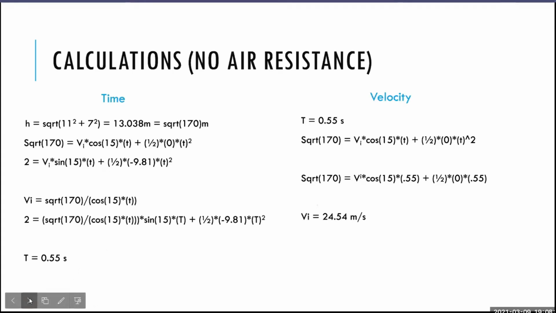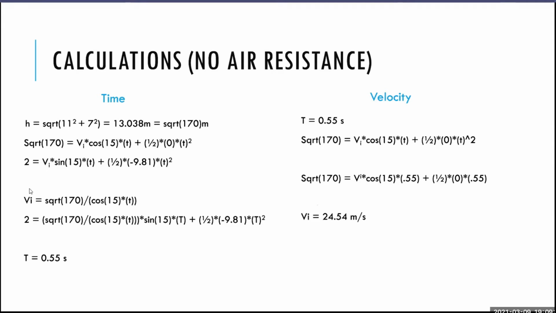So here we show kind of our work. We find the total displacement for the h-axis, and we plug that into the displacement equation to basically solve for time and initial velocity.